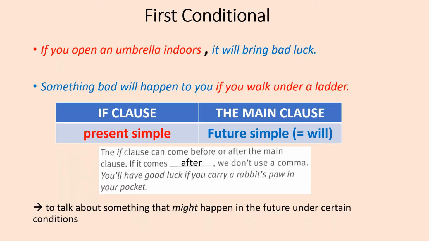So if you open an umbrella indoors, it will bring bad luck. Something bad will happen to you if you walk under a ladder. And all the other sentences from the previous slides are examples of the first conditional. The first conditional can easily be recognized by the if clause and by the main clause.